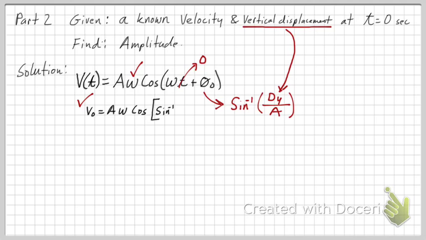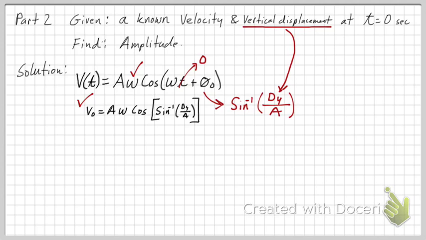Okay, let's look at what happens in here. Since t equals 0, that term cancels out. So the equation says, well, I want to take the cosine of the inverse sine of theta naught. Well, theta naught is the inverse sine of dy over A. All right, and I want the cosine of theta naught.